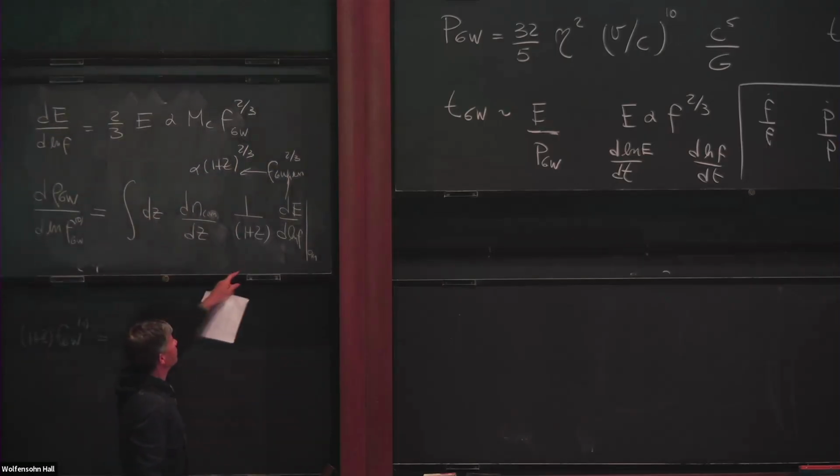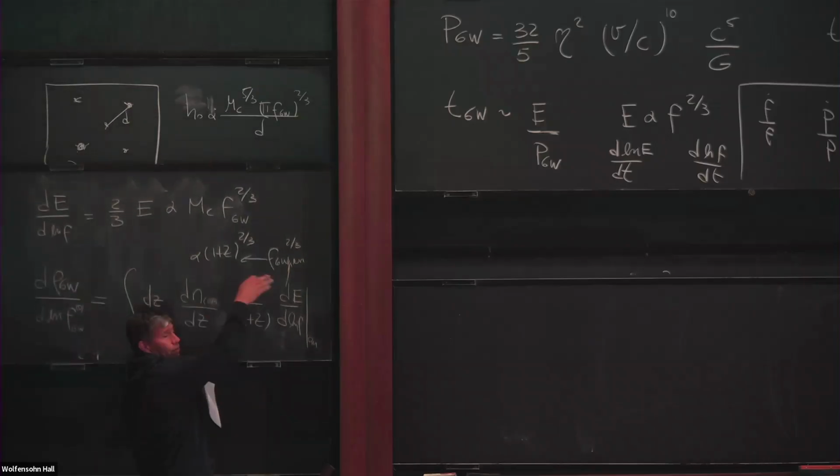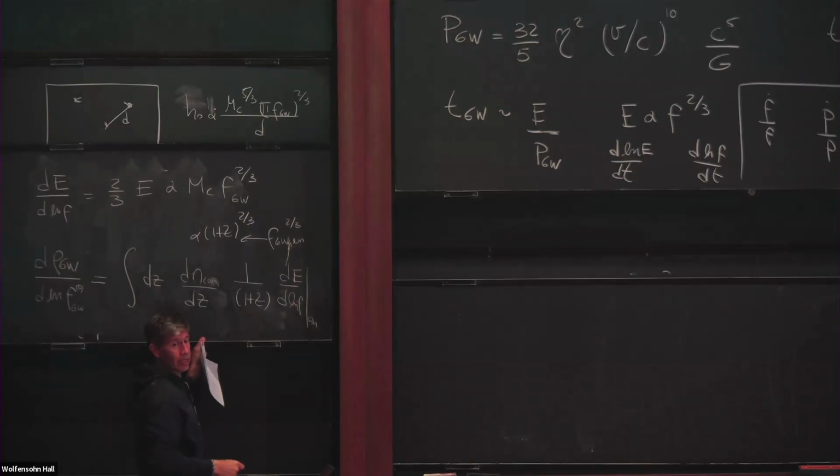So of the redshift of the energy of the gravitational waves, 2/3 of it is canceled when I do this. This has a 1 plus z to the 2/3, this has a 1 plus z to the 1/3. So in total, even if I don't know exactly at what redshift the merger happened, the dependence on the redshift will be 1 plus z to the 1/3.